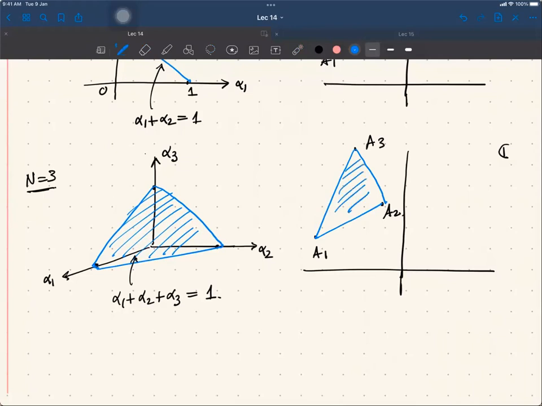And this map is alpha 1 A1 plus alpha 2 A2 plus alpha 3 A3. So this parametrization means that when you integrate over alpha, you are actually integrating over the convex hull of these n complex numbers.